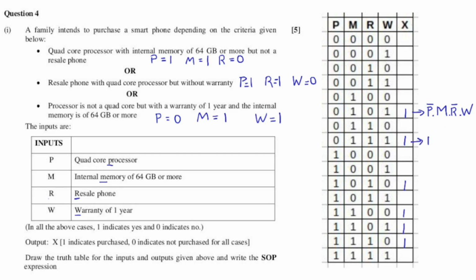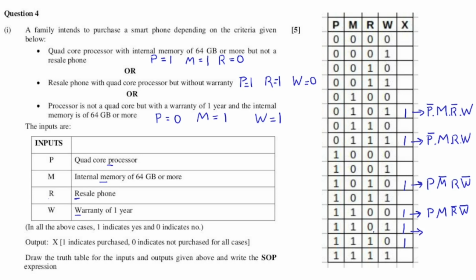Similarly, the second term becomes P complement, M, R, and W. The third term over here becomes P, M complement, R, W complement. Then the next term becomes P, M, R complement, W complement.